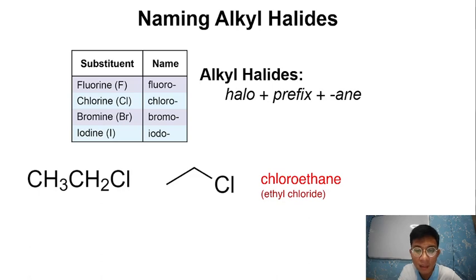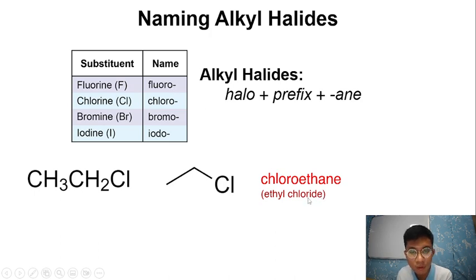So, that's the systematic name. But if you want to name it common name, this time iba naman yung pag-name sa kanya. You consider the name of the two carbons kaya siya ethyl, di ba? Yung ethane naging ethyl. Actually parang magpapalit lang yung sequence. So dito ethyl muna, and then yung Cl ay papangalanan niyo siya ng ide.